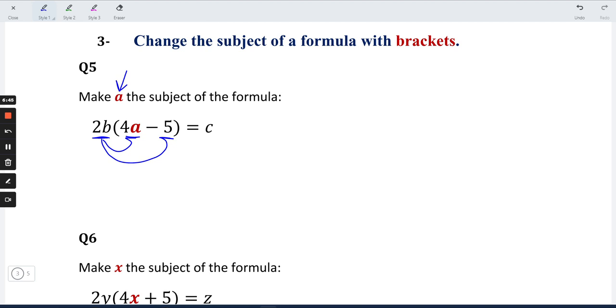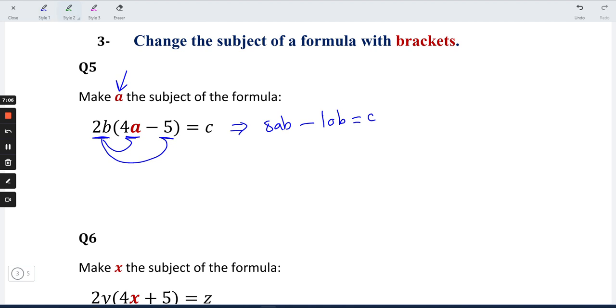So first of all, let's expand the brackets. 2b times 4a is 8ab, minus 2b times 5 is 10b, equal c.